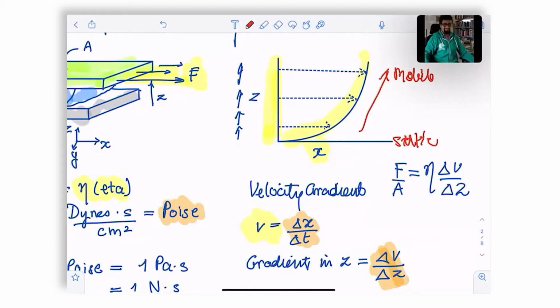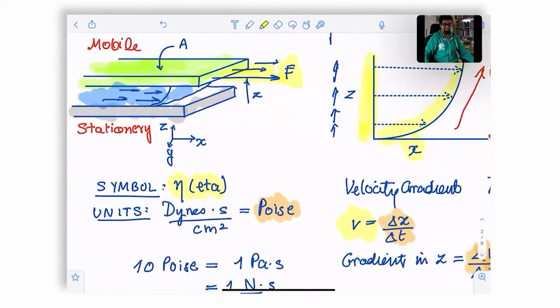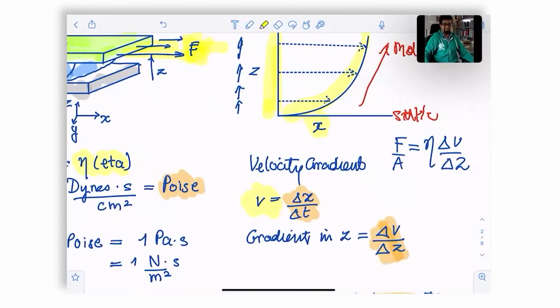The proportionality constant that connects the stress, that is to say the force per unit area, F by A, where F is the force driving the moving plate, this one here, and A is the area of the plate that is being moved, the mobile plate, then F by A is proportionally related to delta V by delta Z by a proportionality constant, which is called viscosity.